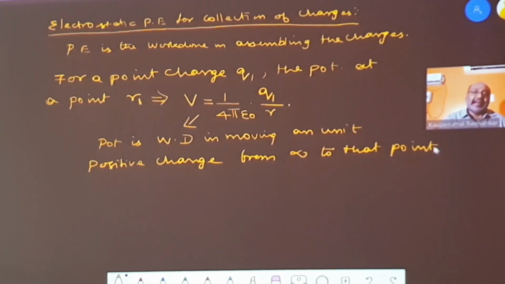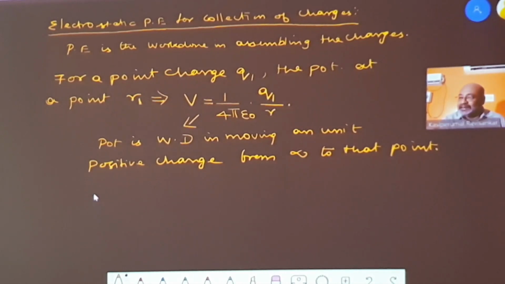That we are taking as the potential at a point distant r. Now, instead of moving this unit positive charge, if another charge Q2 is moved, what will be the work done?